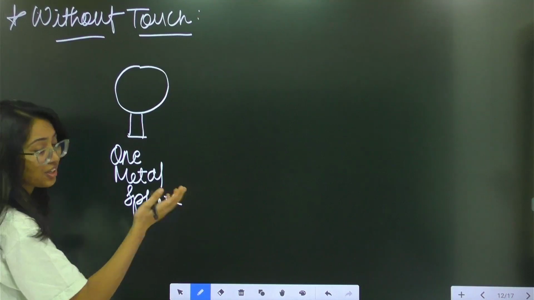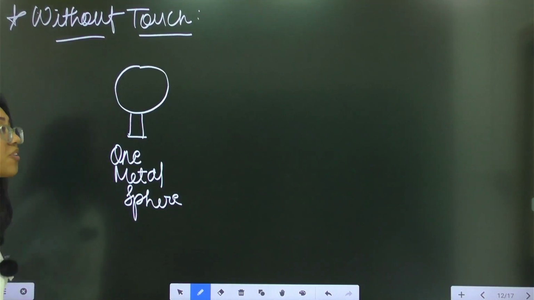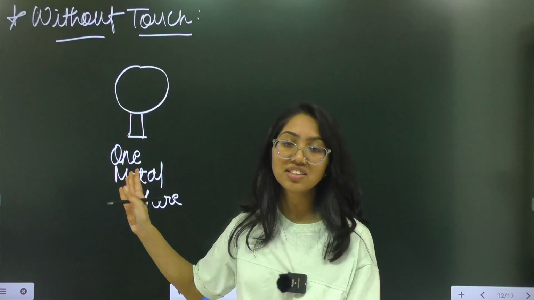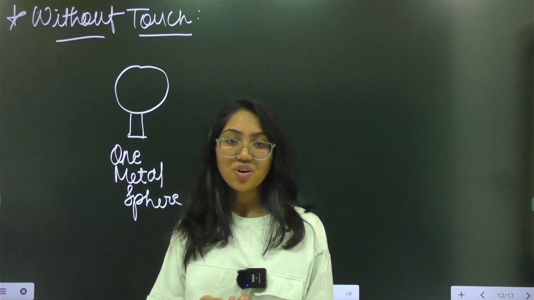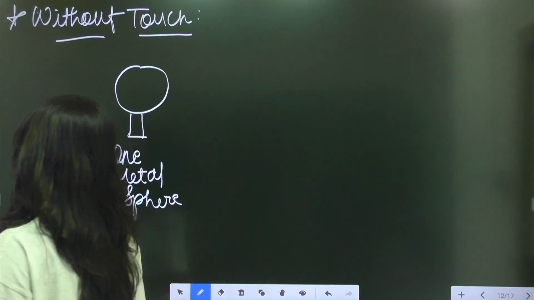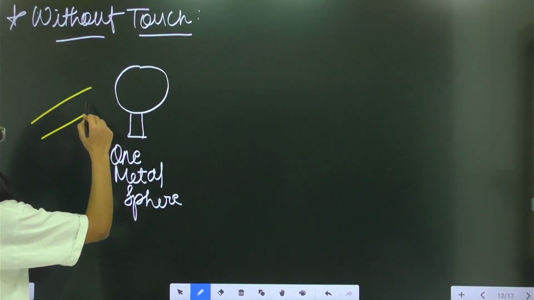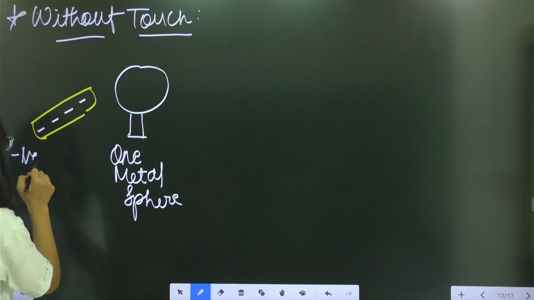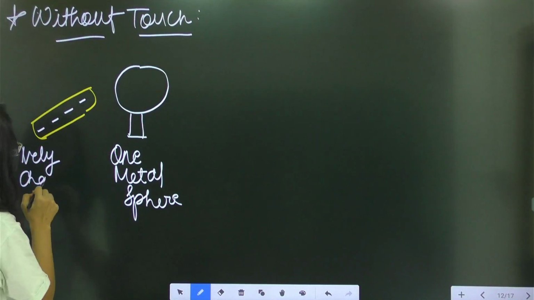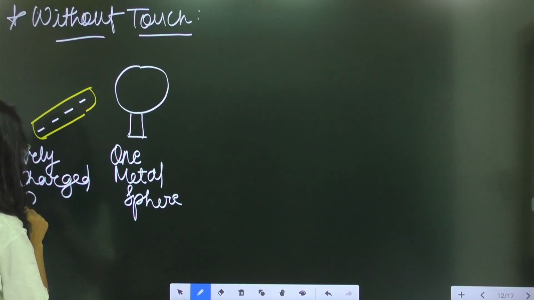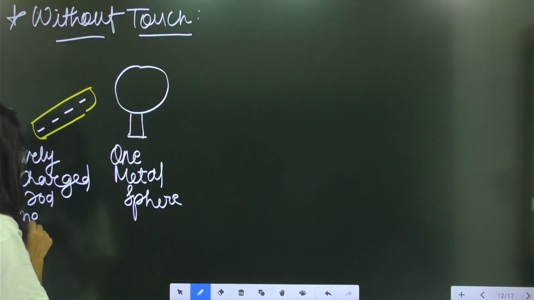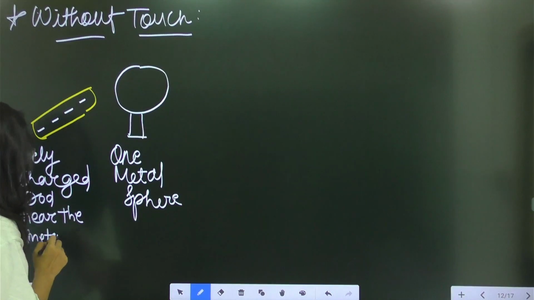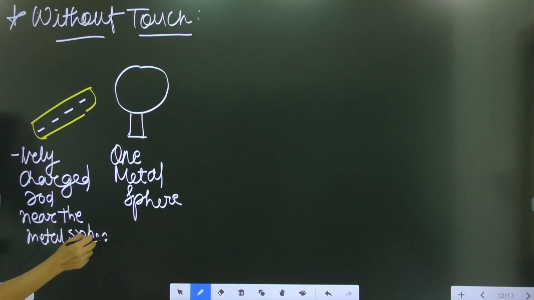Now what are we going to do with this metal sphere? Now as I told you, everything is neutrally charged, so there are positive charges and negative charges in this metal sphere which are already neutralized. So we are going to first bring a negatively charged rod near the metal sphere. Now what will happen if we do this?